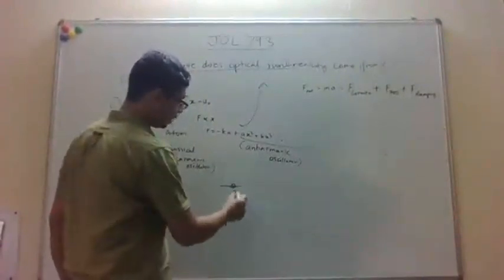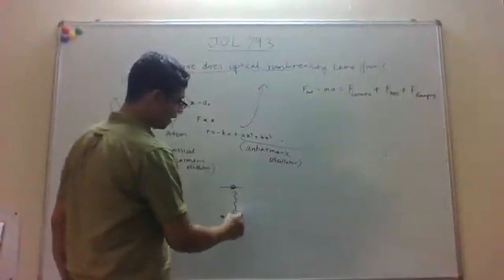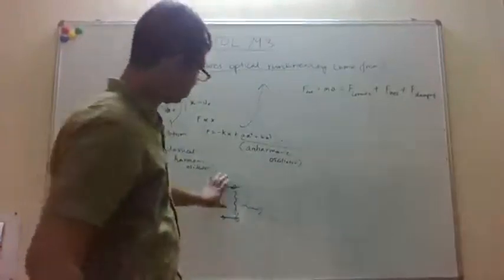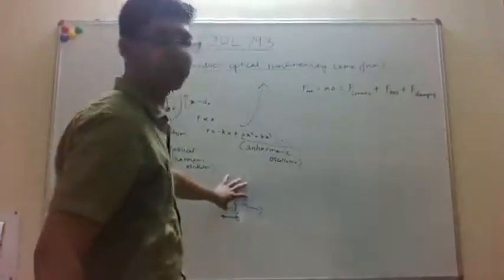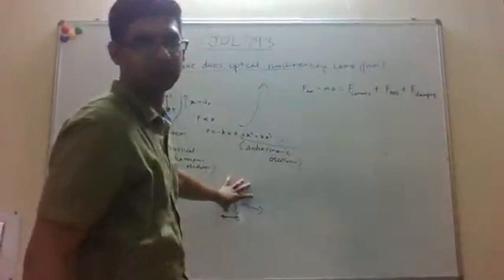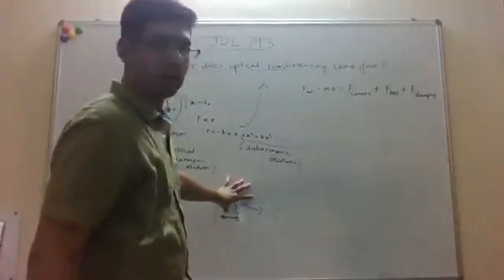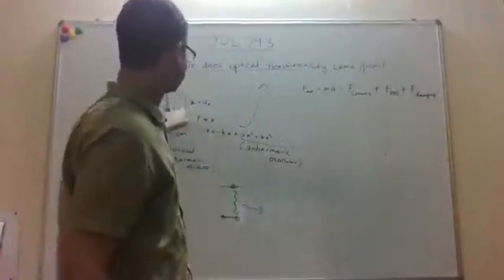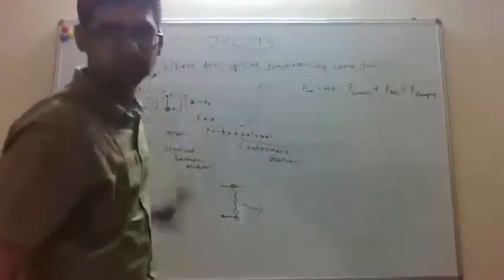There are decay processes like spontaneous emission, and it comes back to the ground state, right? So these quantum mechanical decay processes like spontaneous emission are what are modeled as the damping term in this case, right?